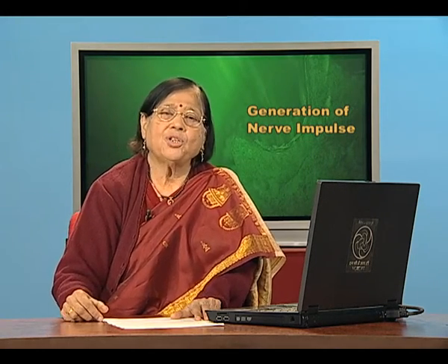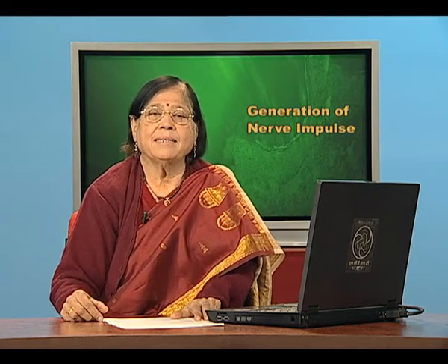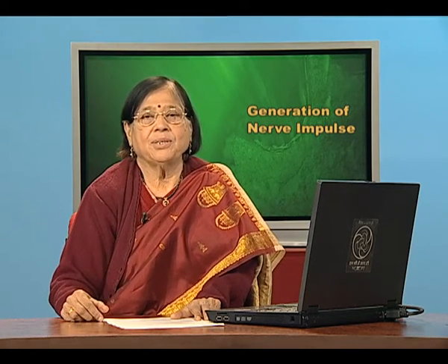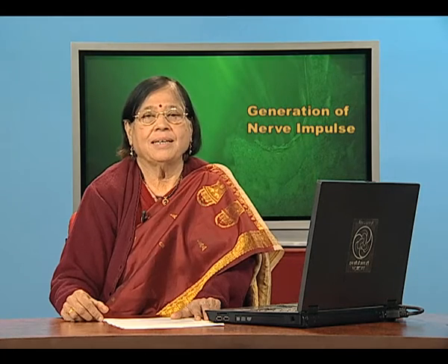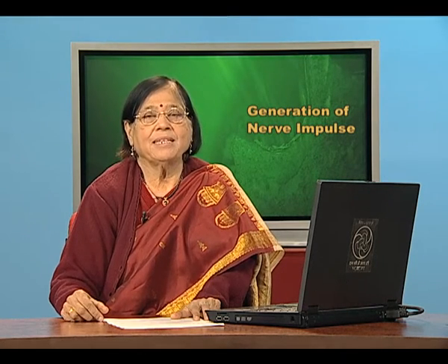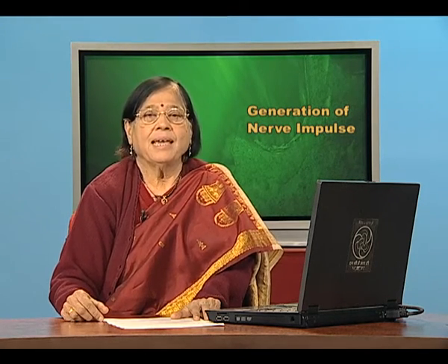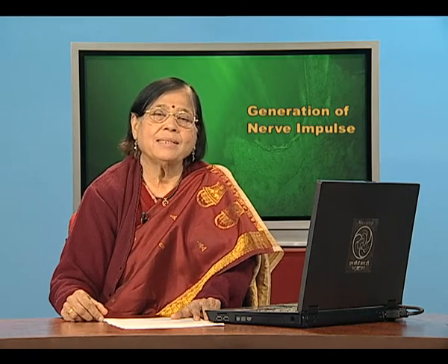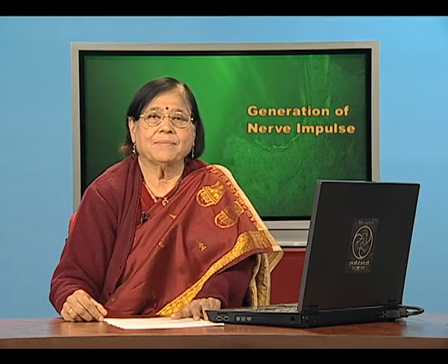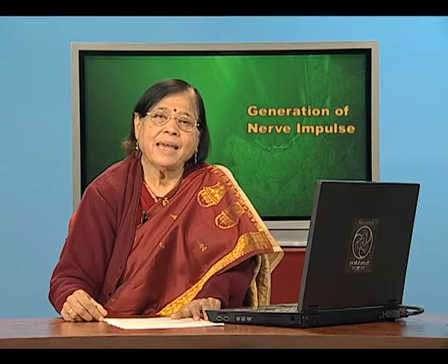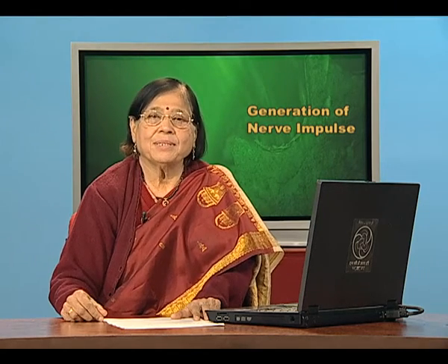In short, you can understand it like this: in a resting condition, the resting potential, it is in a polarized condition, and when an impulse is passing through, it is depolarized and the action potential comes in.